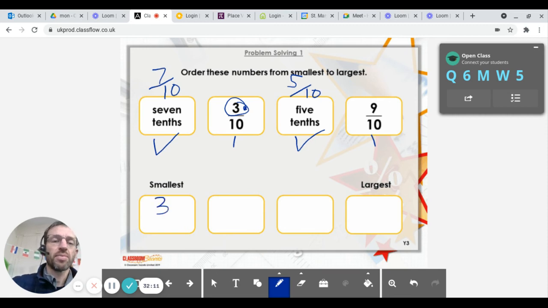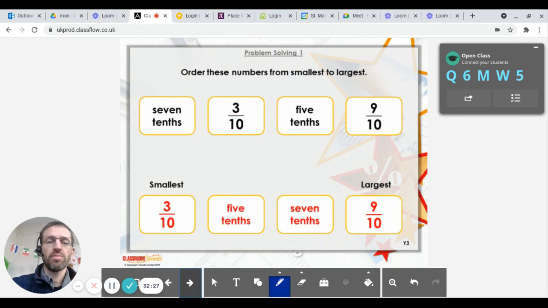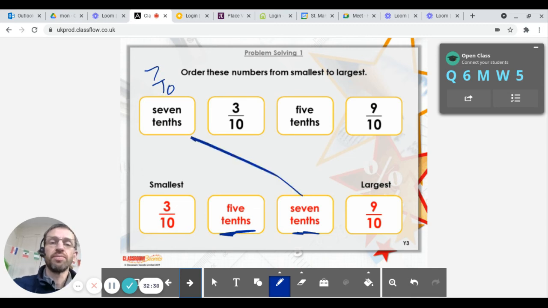So 3/10, 5/10, 7/10, and finally it's going to be 9/10. I hope. Yay! Oh, but look, they've written it their way with the words. So when you converted it and you found out that this 7/10 is actually going to be the third one along, what you need to do, obviously, is write it in words, smallest to largest. Well done.